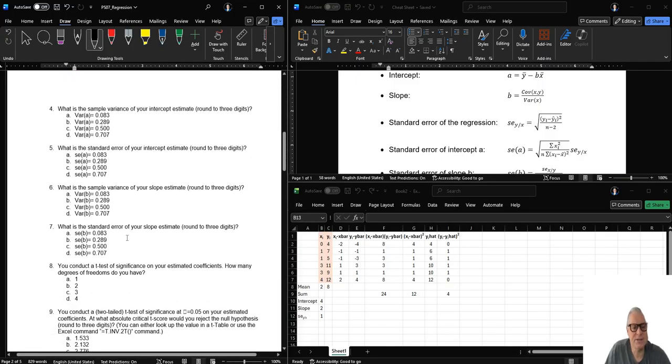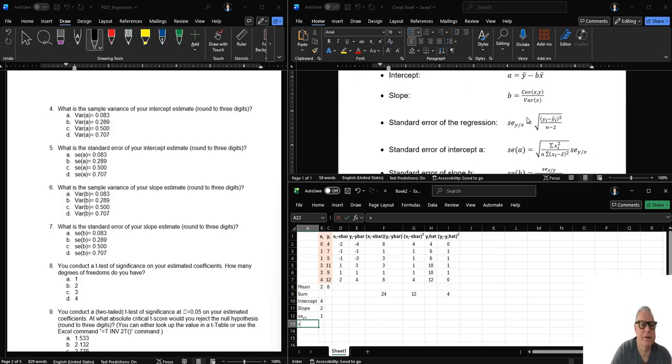Okay, what is the sample variance of your intercept? Well, what we can do is we have here only the formula for the standard error, and the variance just would be the squared standard error.